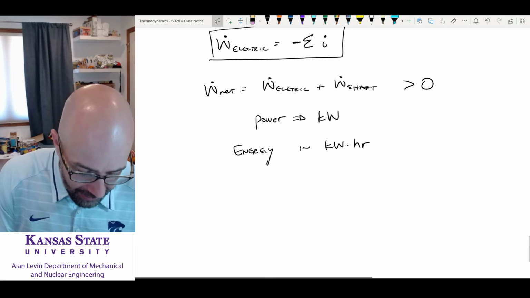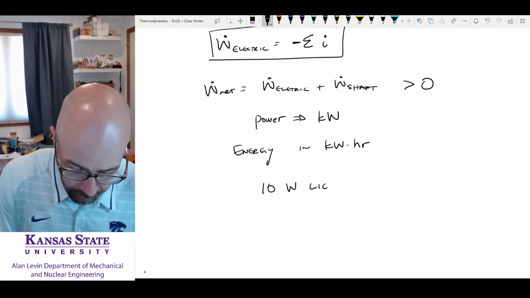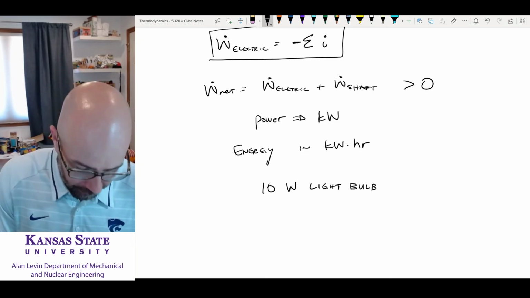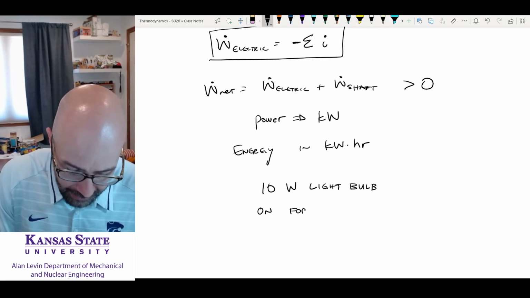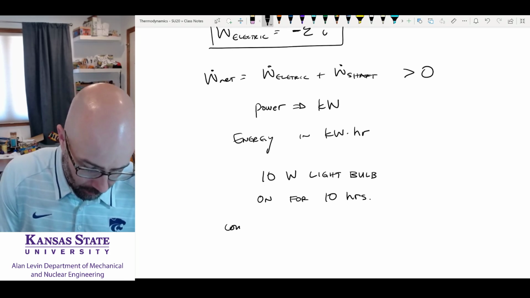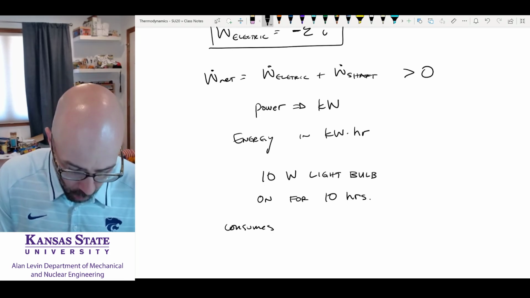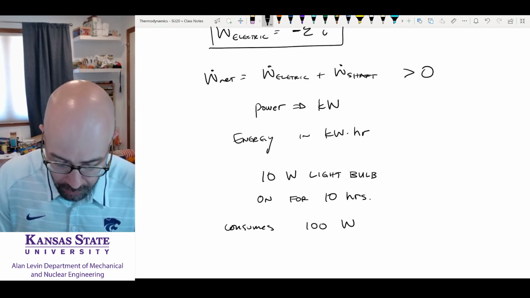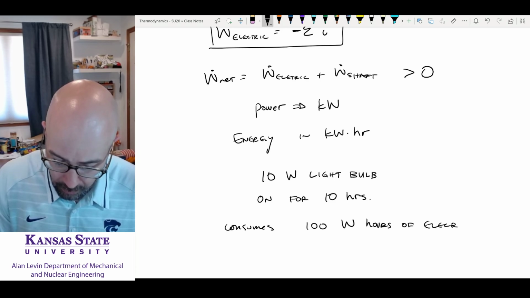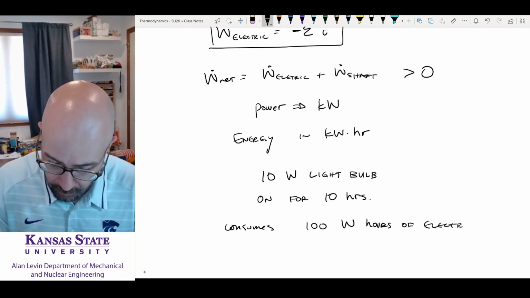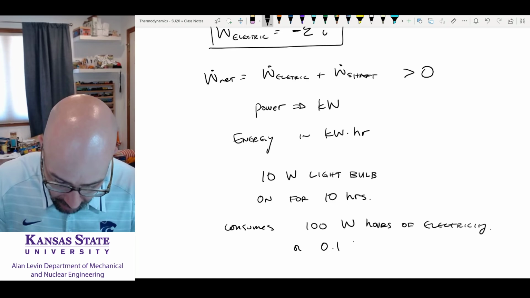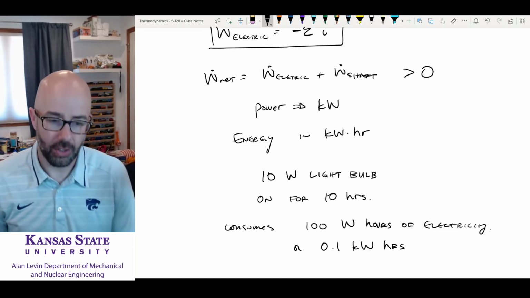So if we have a 10-watt light bulb, and it's on for 10 hours, it consumes 10 times 10, 100 watt hours of electricity.